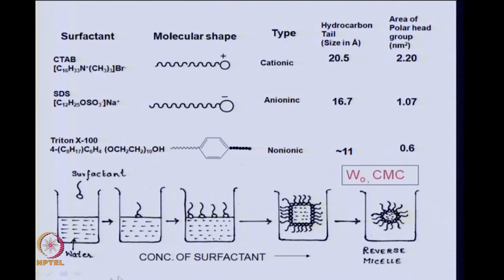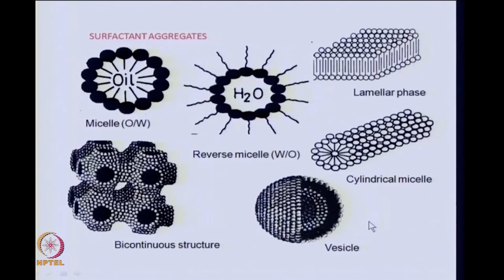So, as you vary the concentration, the surfactant molecules agglomerate in a particular manner and solubilize the water inside, and this is a typical formation of a reverse micelle. So, the W naught value and the CMC are important to design the typical surfactant aggregates that you want in a particular system.